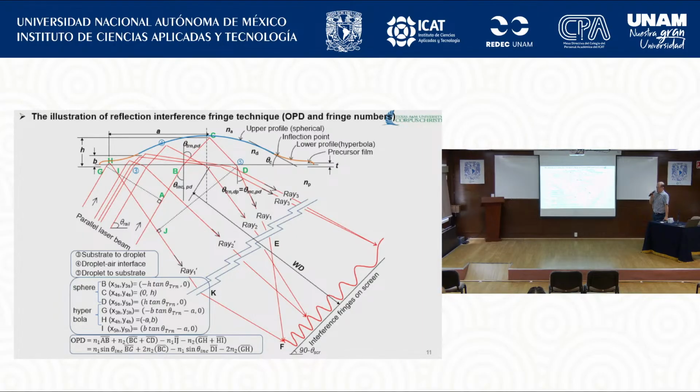My understanding is that it is still an open question in the community. What I want to do is explore very thin precursor film regions using the interference fringe and surface plasmon resonance imaging techniques. That's a very good question, but still a very open area.